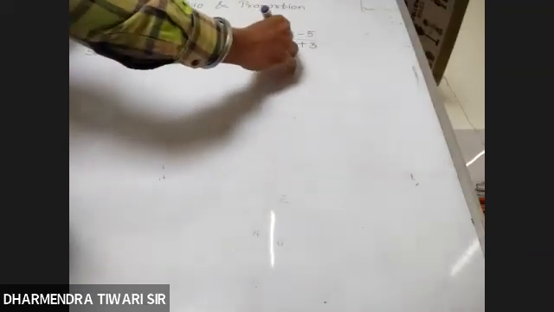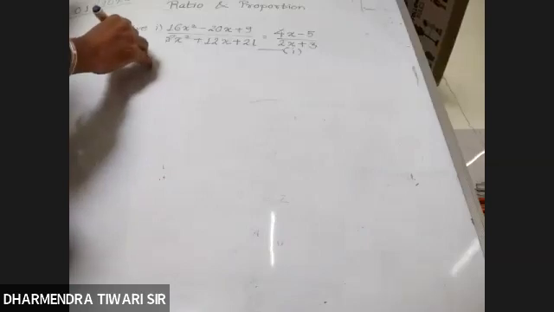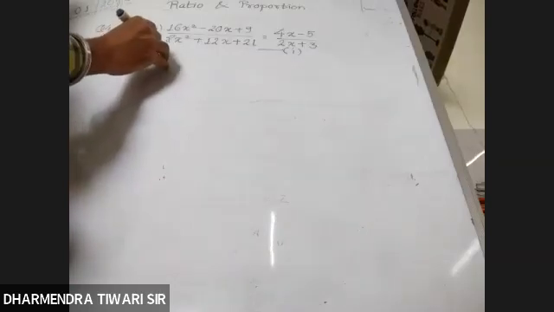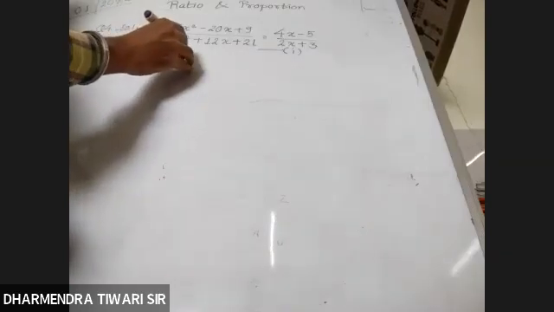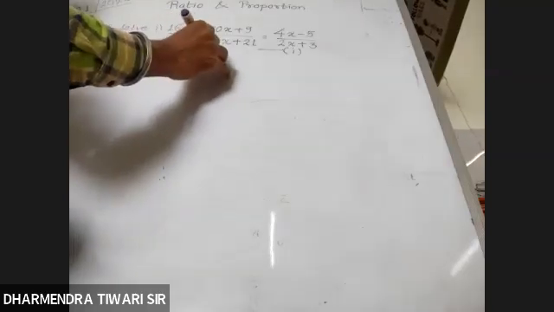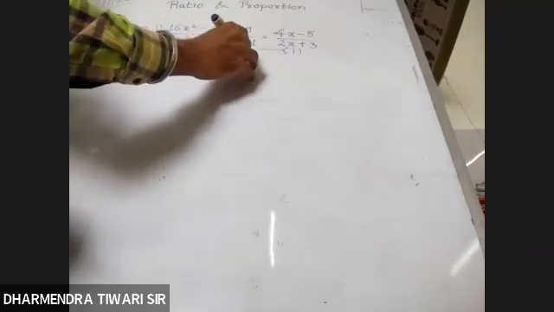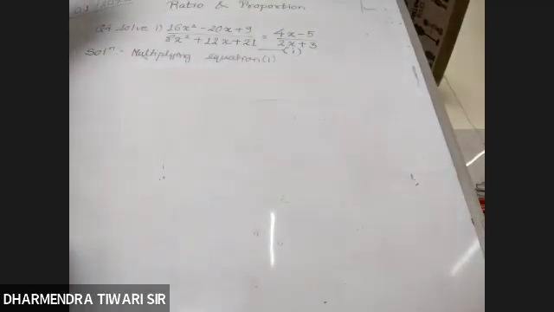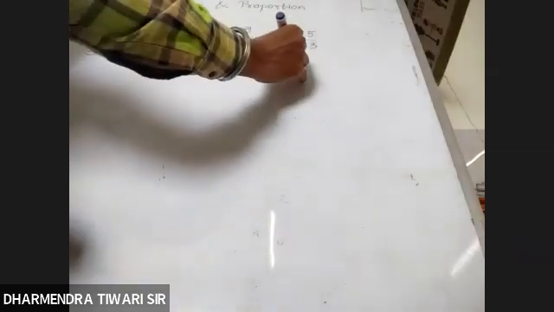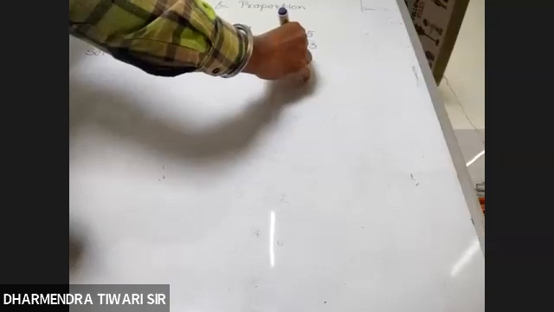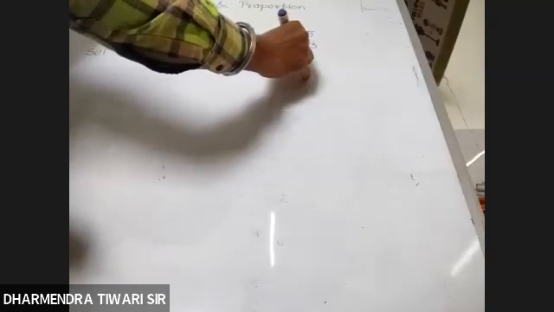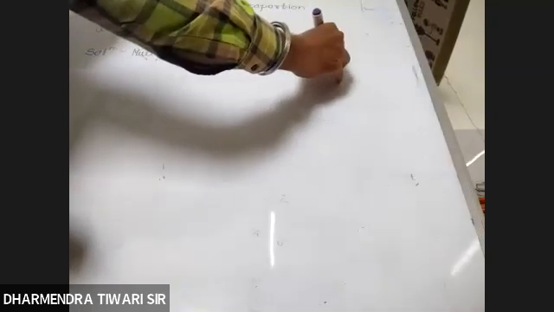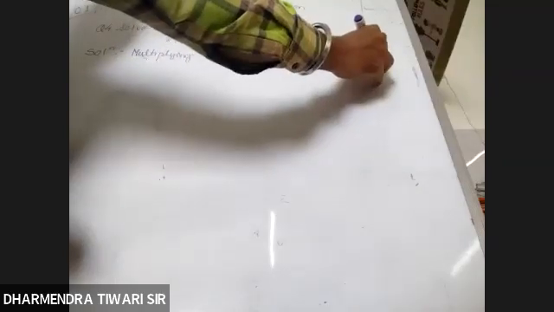Say this is my equation 1. Multiplying equation 1 by 4x only in the second ratio.